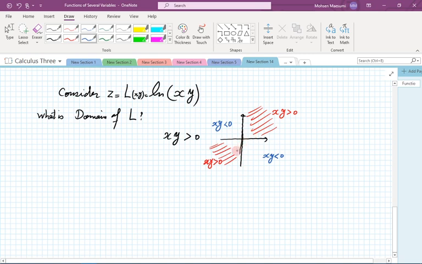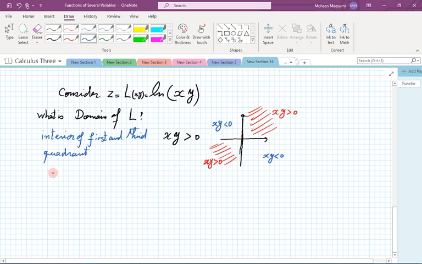So what's the domain? Logarithm only accepts positive, therefore the domain is inside the interior of the first and third quadrants. When you say interior, it means you cannot be on the lines either.